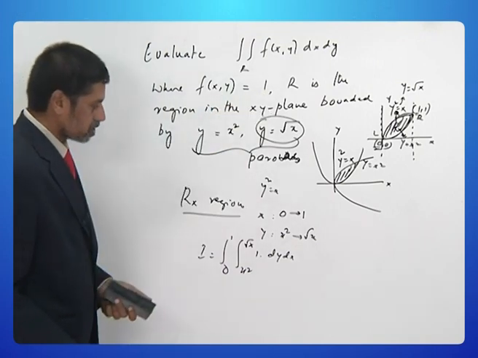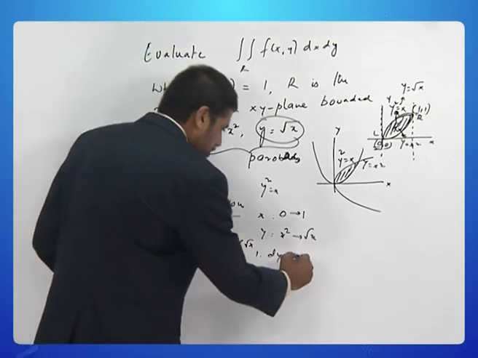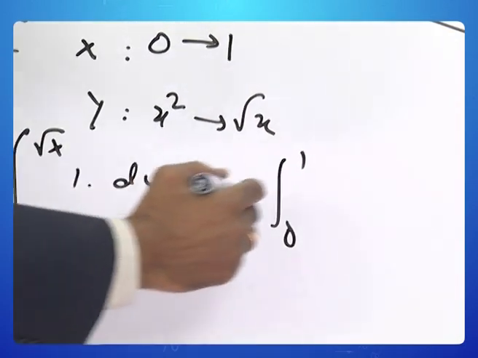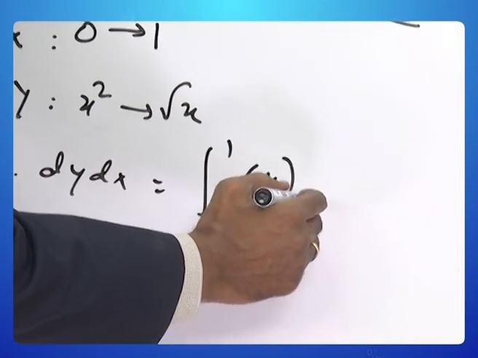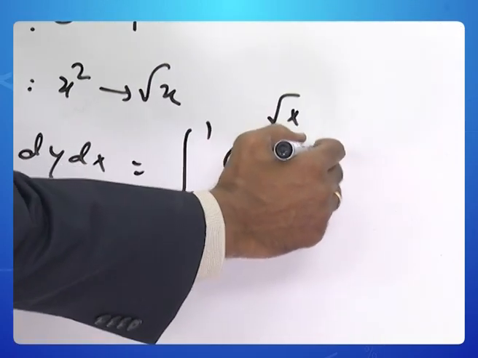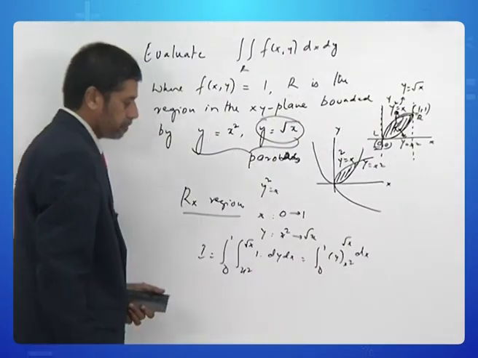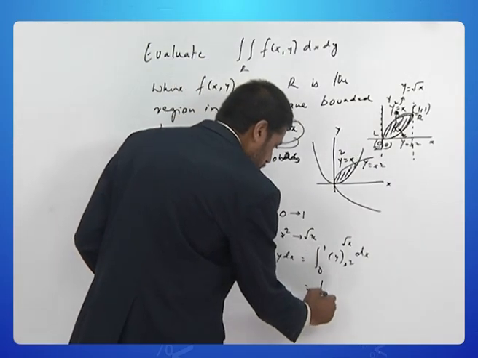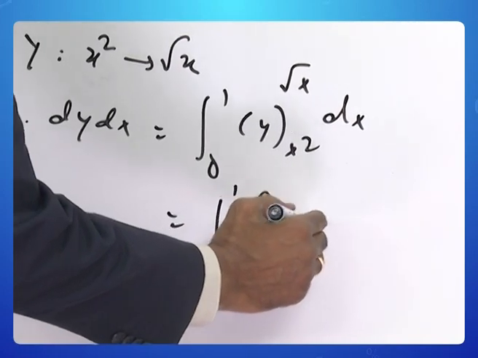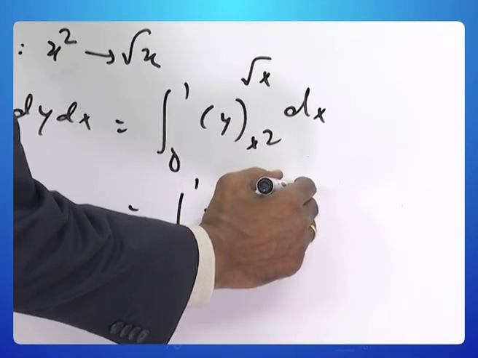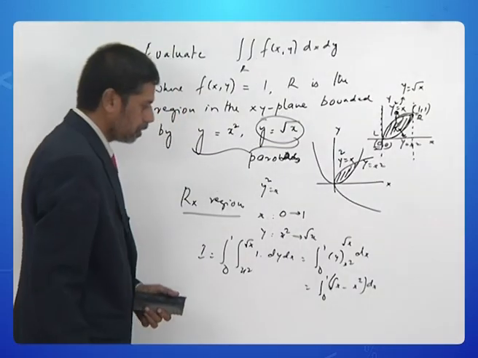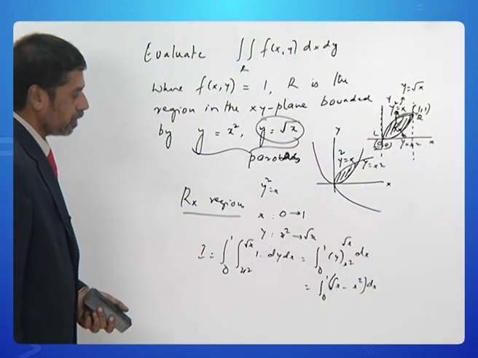1 because the function has been given equal to 1. Let us evaluate this. When you evaluate this, the integration of dy is y from x square to root x. So this will give us integral 0 to 1 of root x minus x square. They are very, very easy to evaluate.